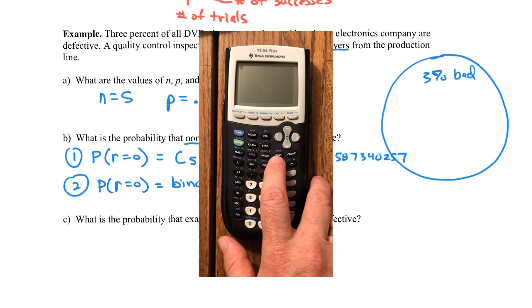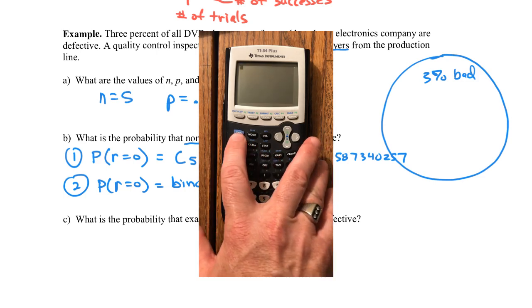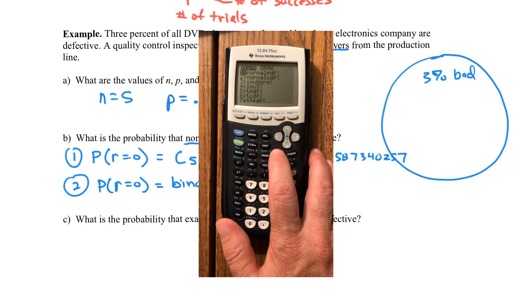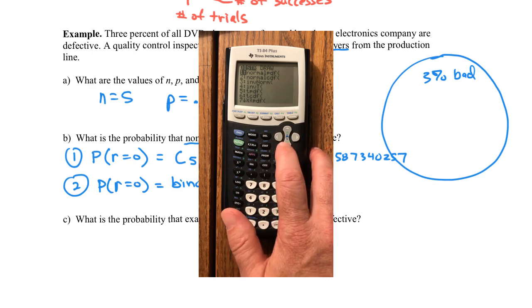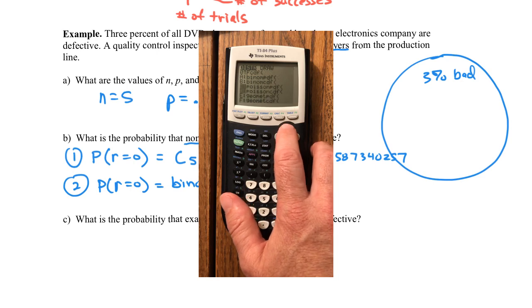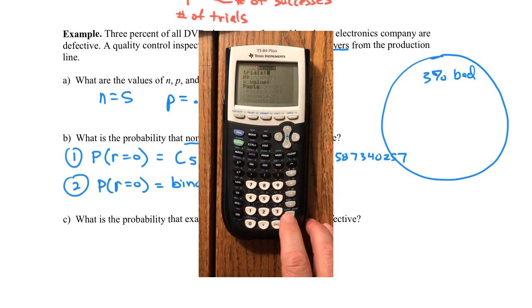We're going to go there a lot from chapter 5 on. So we need to hit second vars, and then look for binomial PDF. You can scroll down or up to get there, but it's quicker to go up. And see, this is binomial CDF. We want binomial PDF, and then you hit enter.